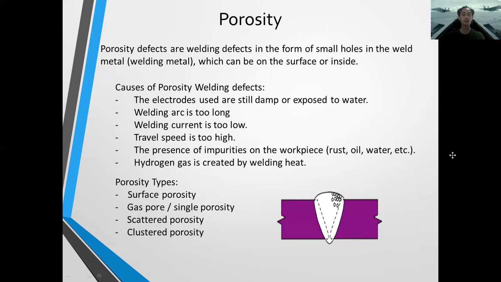Welding arc is too long. Welding current is too low. Travel speed is too high. The presence of impurities on the workpiece. Hydrogen gas is created by welding heat. Porosity types: surface porosity, gas pore or single porosity, scattered porosity, cluster porosity.